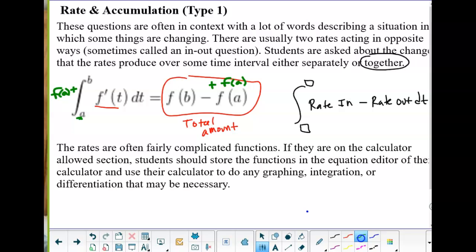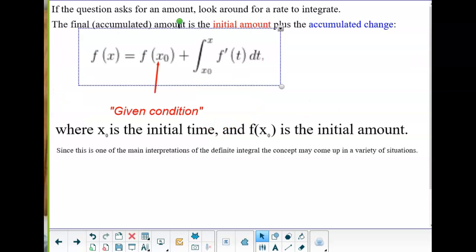That'll tell me how much total is left over at the ending amount. Because a is the beginning, b is the end. So if I want to figure out how much is total at the end, I take the starting amount plus the accumulation from a to b. And that's why how it was written here is the same thing as here.